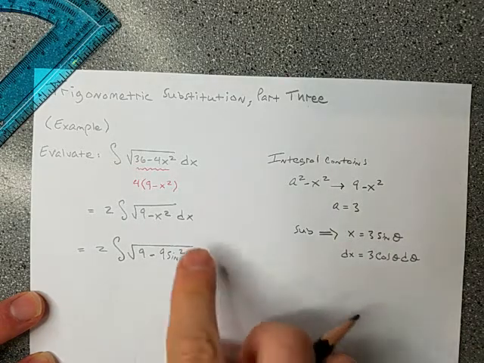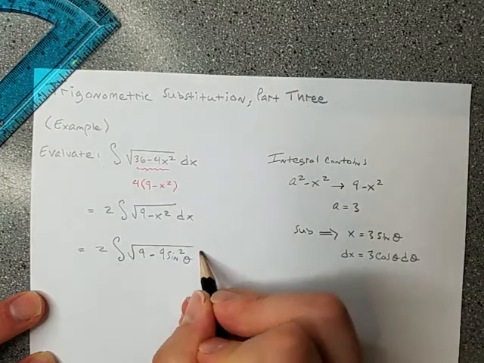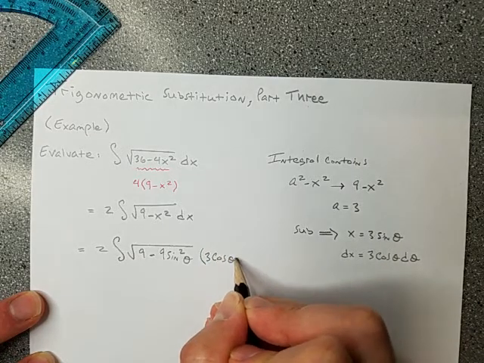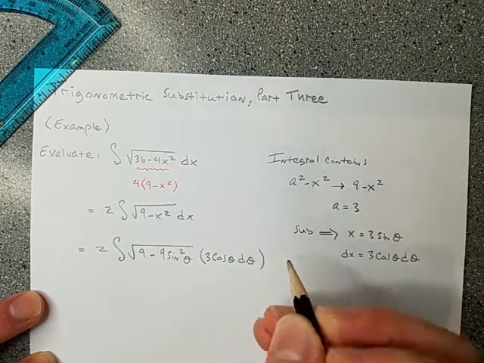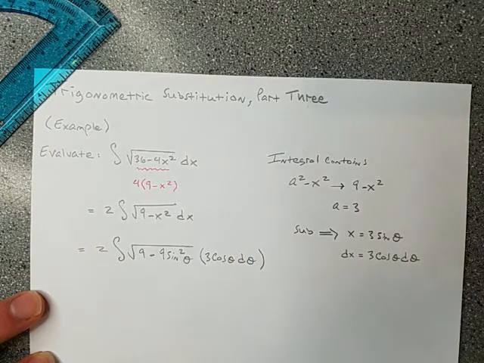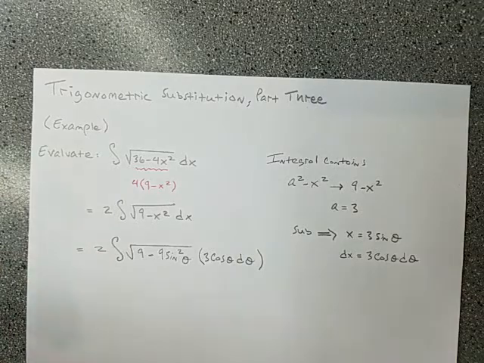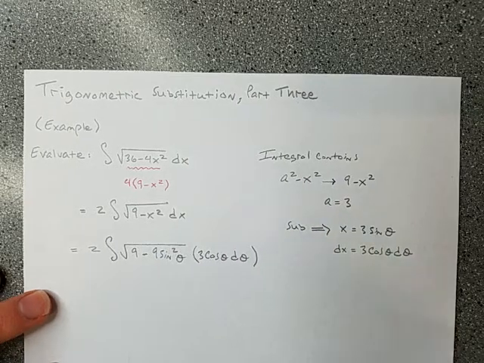And then the dx, that's going to be 3 cosine theta d theta. And that would take care of it. Substitution is made. Now, once you work these, then predictable things start to happen. Might not seem so at first, but there are certain things that happen in just about every problem.